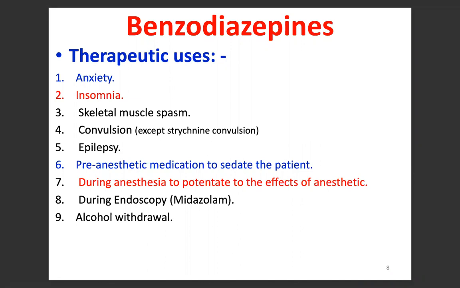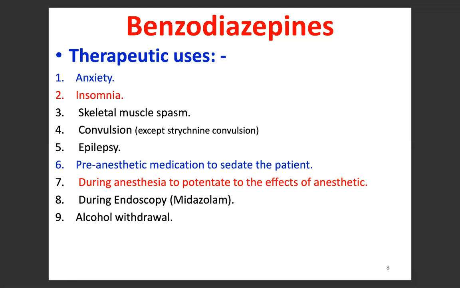What are the other advantages of benzodiazepines in surgical procedures? It sedates the patient, calms the patient, and the most important is skeletal muscle relaxant activity. Generally in surgical procedures, the skeletal muscle relaxant activity is important.